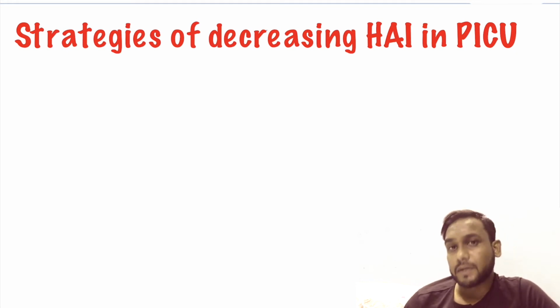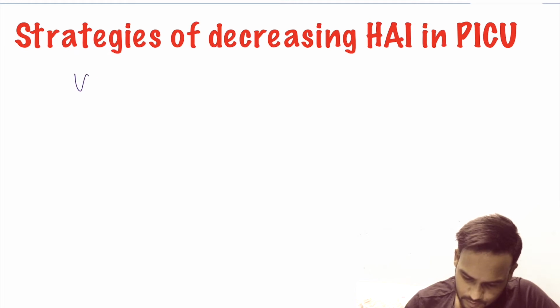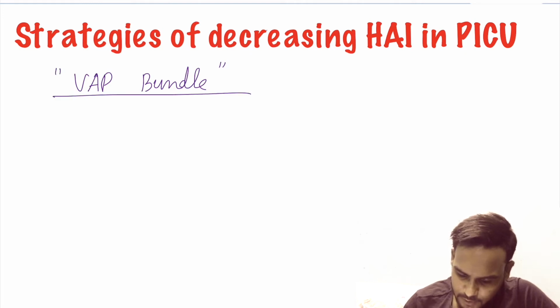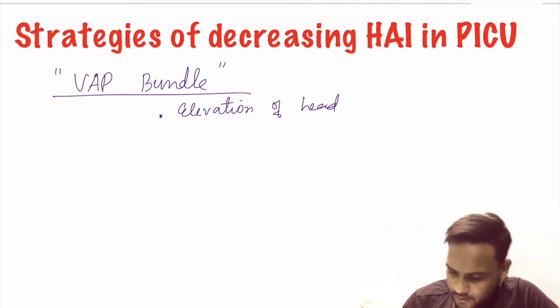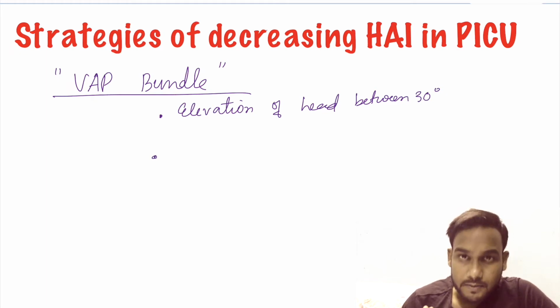Similarly, we can prevent ventilator associated pneumonia also with the VAP bundle. What are the components of the VAP bundle? Number 1, elevation of the head to 30 degrees.